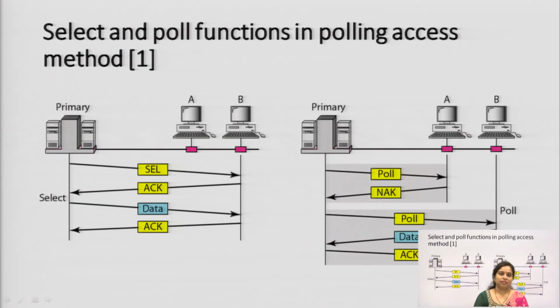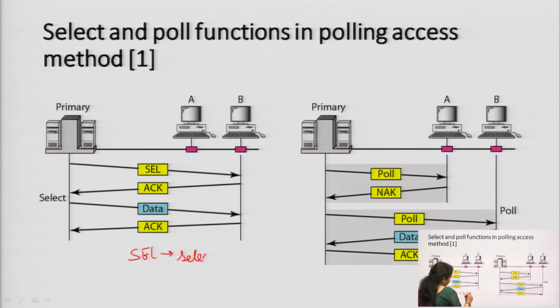Now, next is the select and poll functions in the polling access method. The second type of controlled access protocol is the polling method. What is the polling method? First, you have to see what SEL is. SEL means select, ACK means acknowledgement.